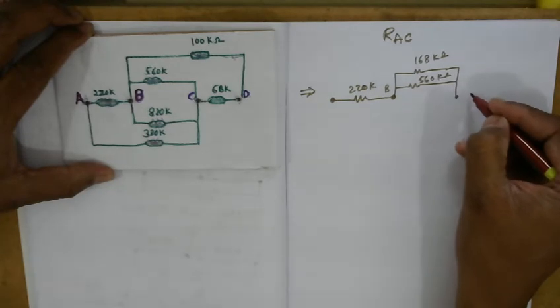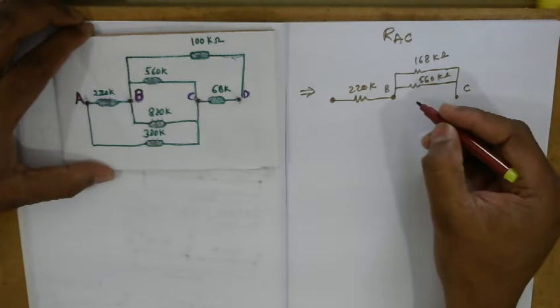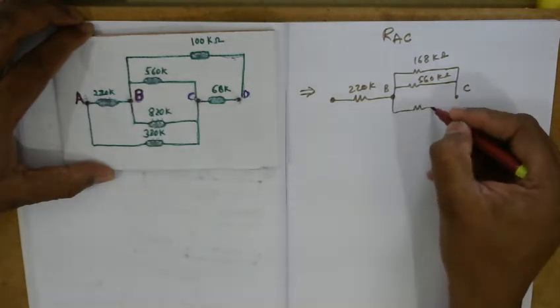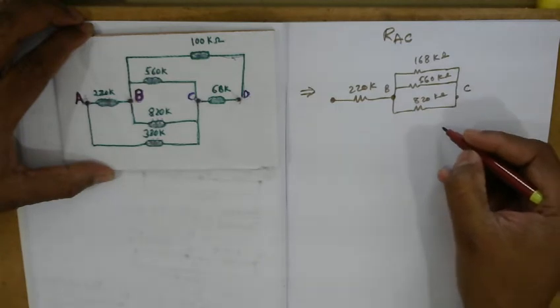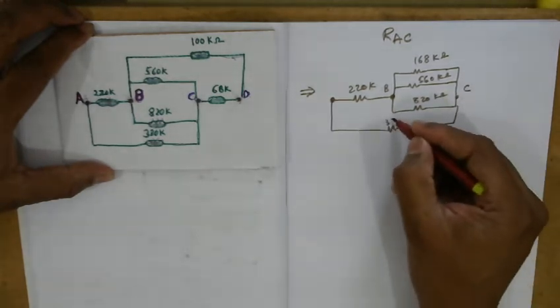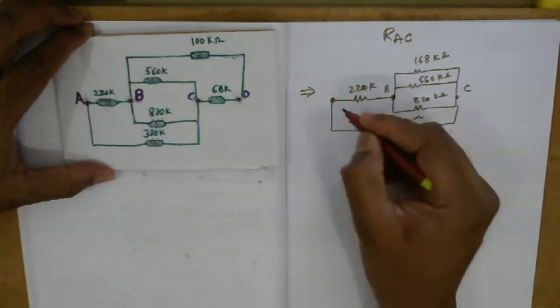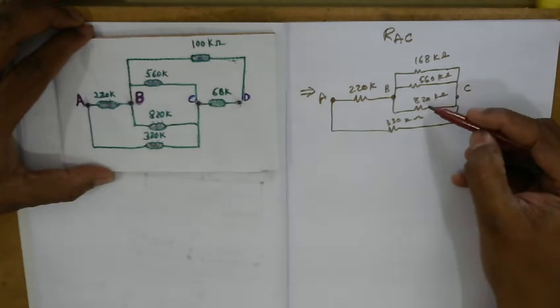Then I get point C here. Point D right now is all eliminated. Then I have this 820 kilo ohms, and then I have 330 as the overall branch. Here these three are in parallel.